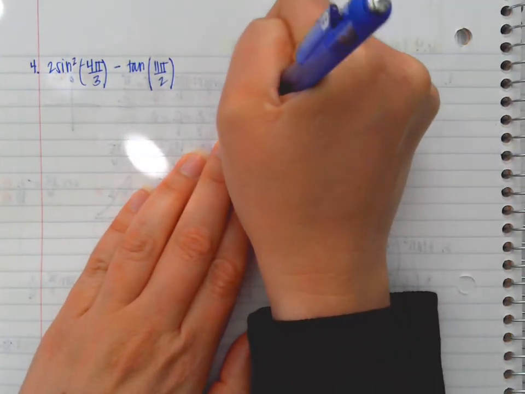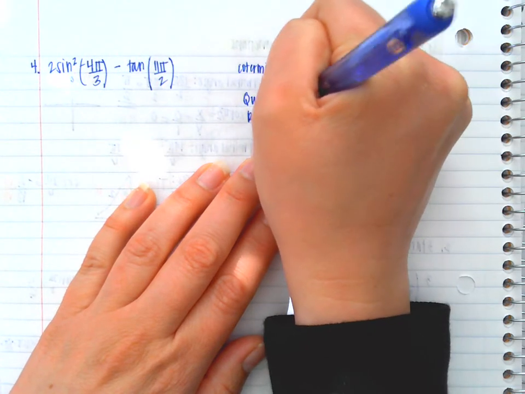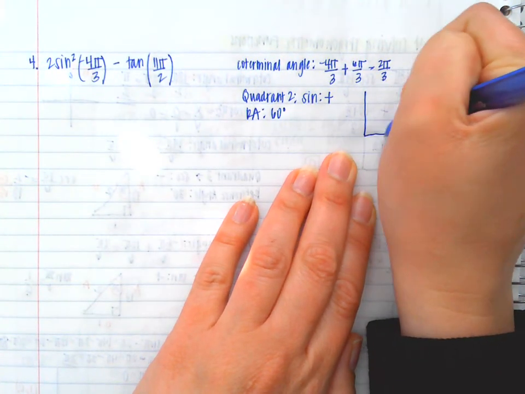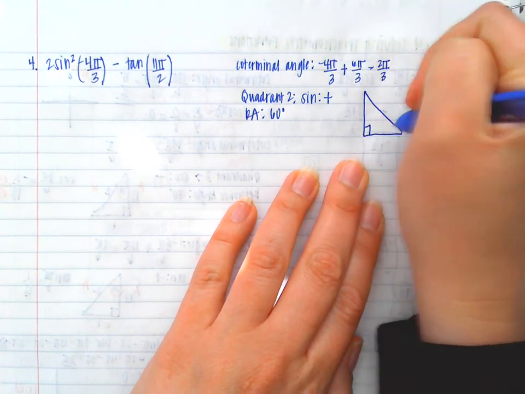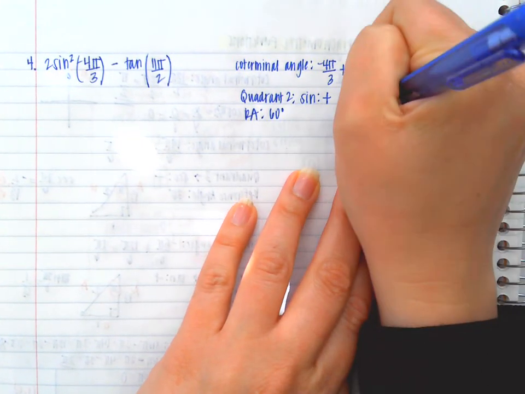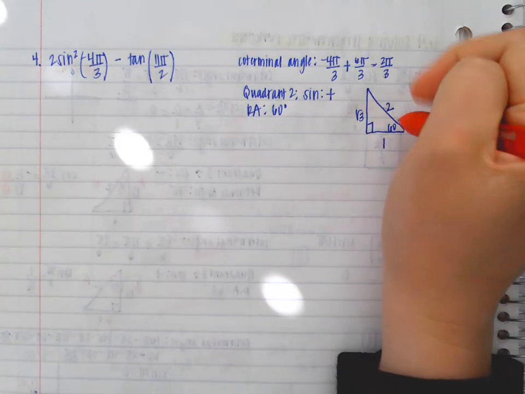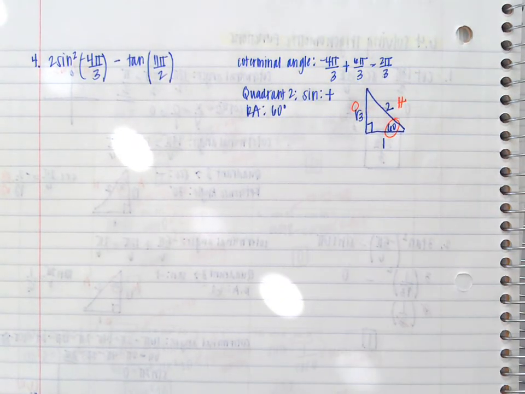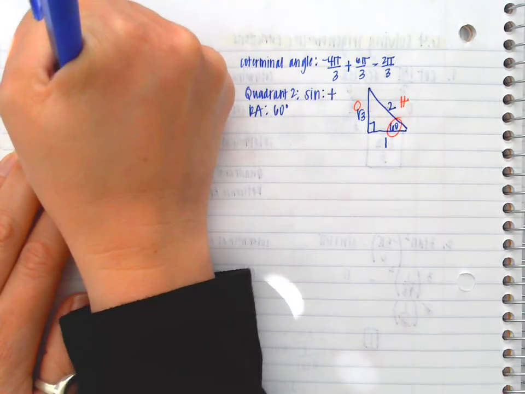My reference angle is looking at the denominator, looking at 3, so it's going to be 60 degrees. And then I'm going to draw my 30, 60, 90 triangle. Okay, we know that sine is the opposite over the hypotenuse, so rad 3 over 2. So I'm just going to put that in here.